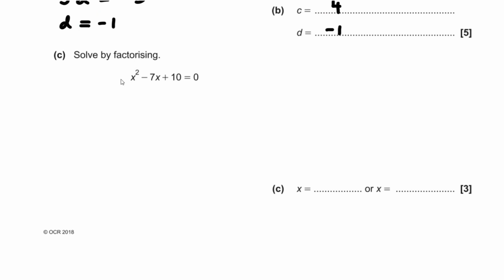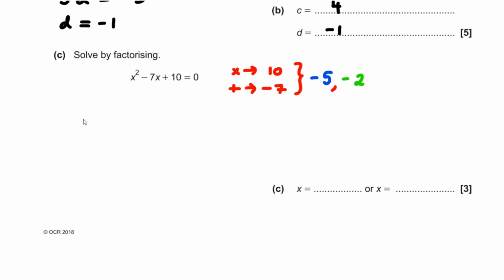Part C, solve by factorising. x squared subtract 7x plus 10 equals 0. What we require here are two numbers which multiply to give 10 and which add together to give -7. What are those two numbers? Well, those two numbers are -5 and -2.